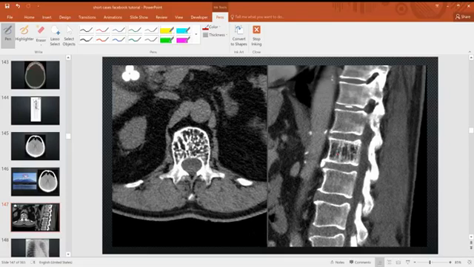Is there anything else with this patient? What is this here? What is this on the right side?